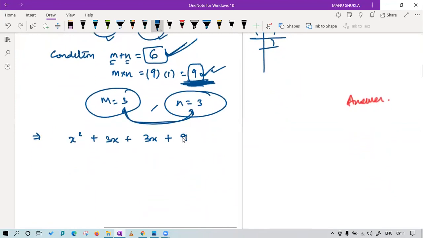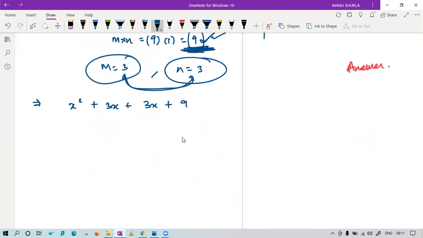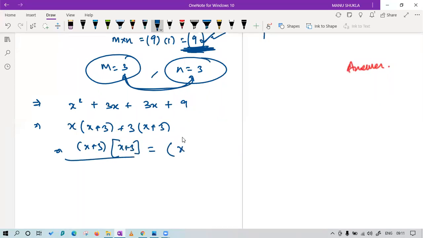This is known as middle term splitting, and now we will take common, x plus 3, 3 common, x plus 3, and the answer is x plus 3 whole, common, inside also x plus 3. So it was actually a whole square of x plus 3. This question was not that tough, Prisha. That can clear your doubts. But don't worry, in the coming model test, we have more things.